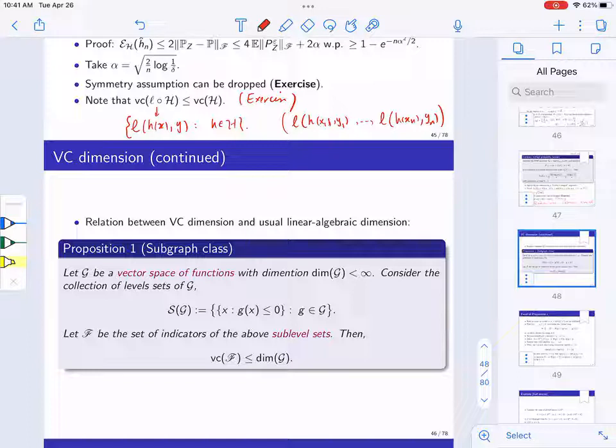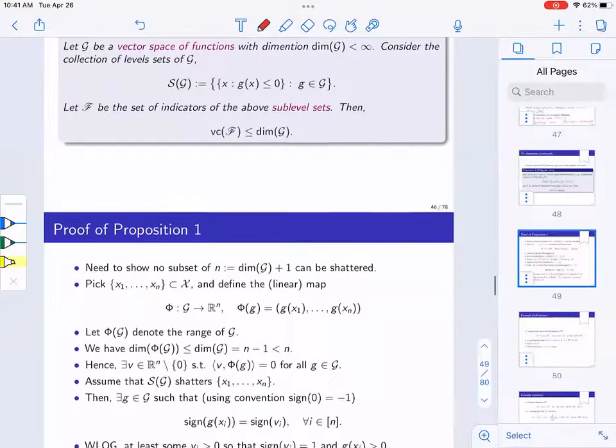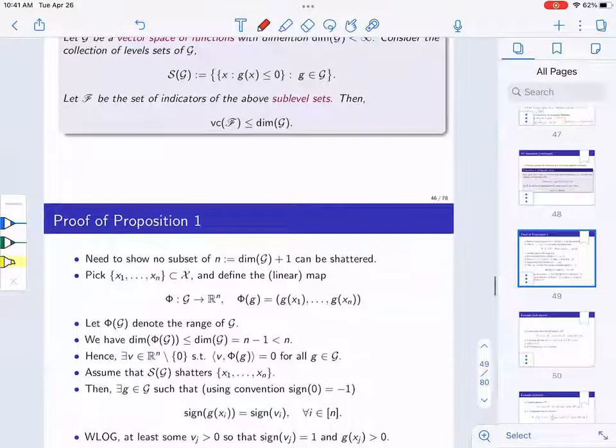So when I say the VC dimension of this class of sets, I mean the VC dimension of the function class, which is the indicators of these sets. Okay, so the VC dimension of the indicators of the above sublevel sets is controlled by the dimension of G. Okay, so this gives you a nice connection. So how do we show this? I need to show that.